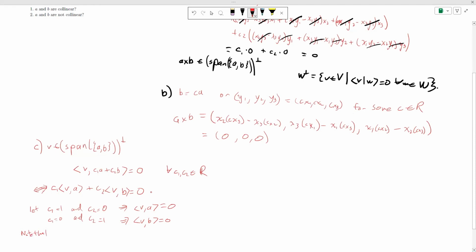Note that if the inner product of VA equals 0 and the inner product of VB equals 0, then the inner product of V with C1A plus C2B will also equal 0.